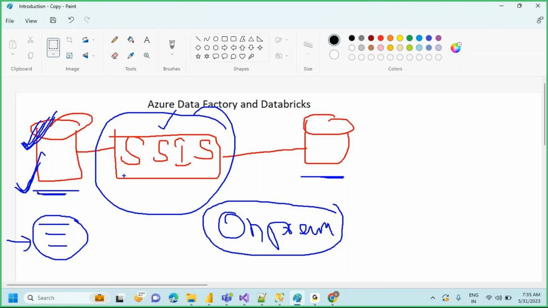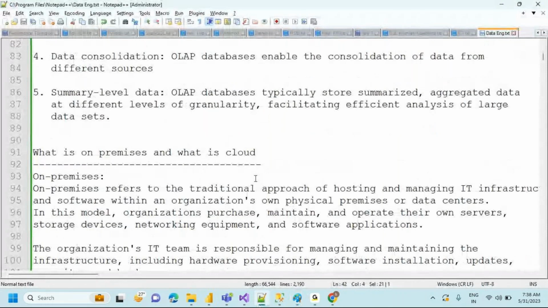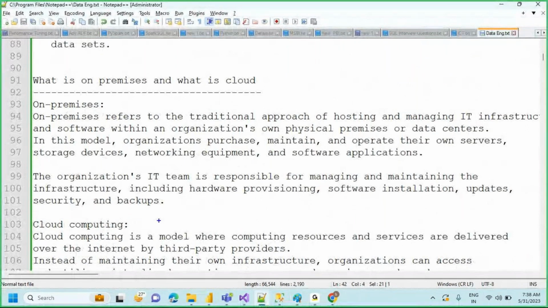To avoid all those challenges, we have a cloud system. Cloud came into the picture to reduce many things. So that is what I'm saying here: the differences between them, and what you are going to do with on-premise.